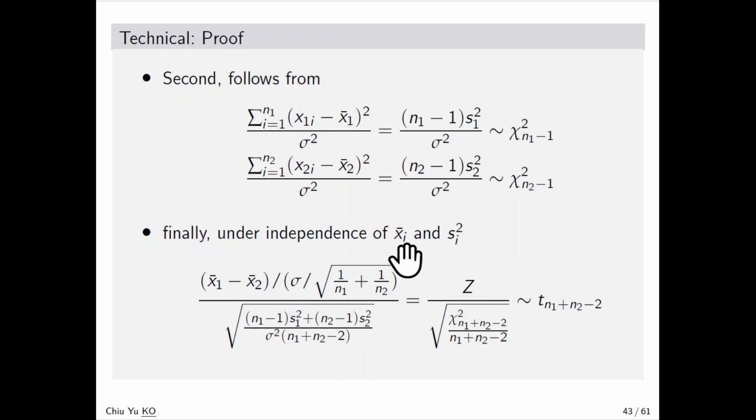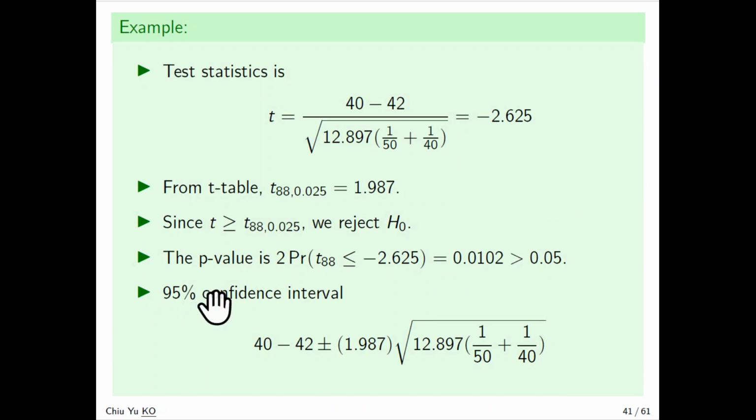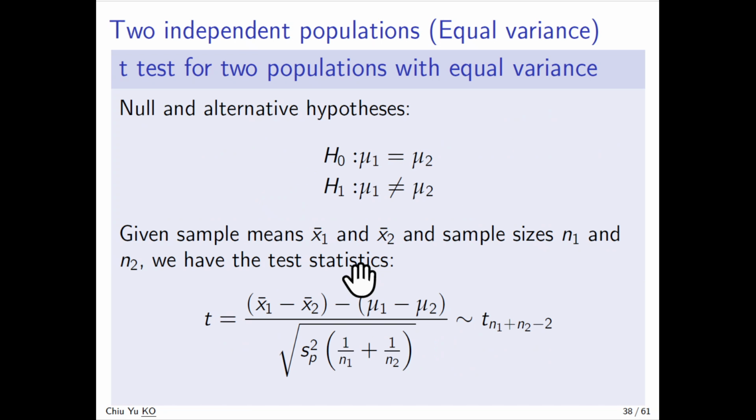Because x bar and S are independent, you can rewrite this particular crazy test statistic.